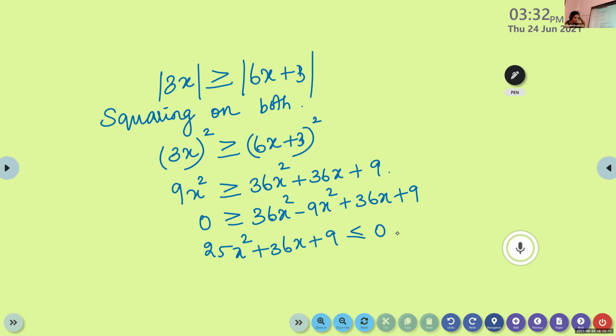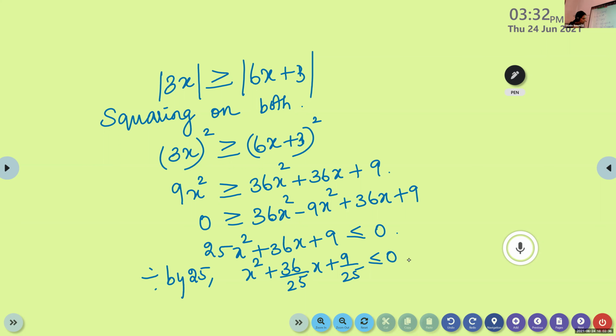For that, what I'm going to do, I'm dividing it by 25. When you divide it by 25, x square plus 36 by 25x plus 9 by 25 is less than or equal to 0. Okay? Is it okay?